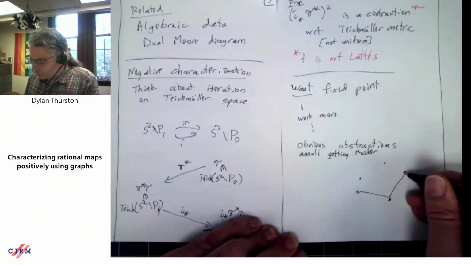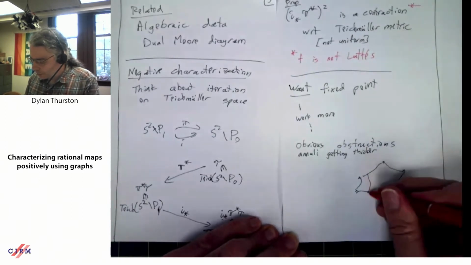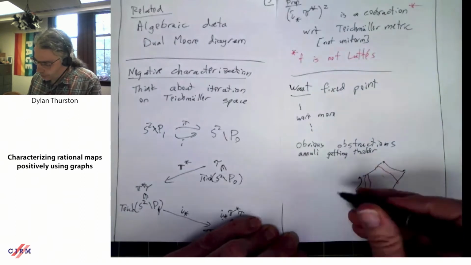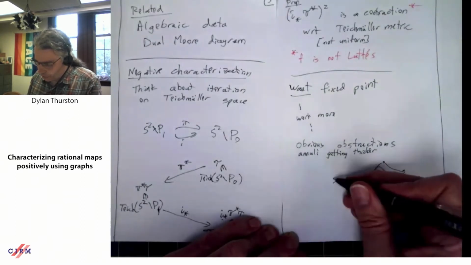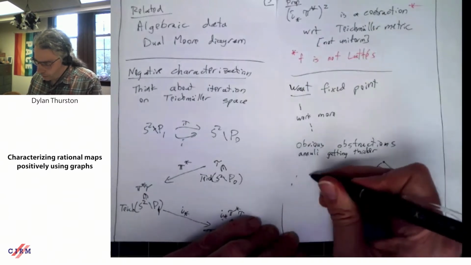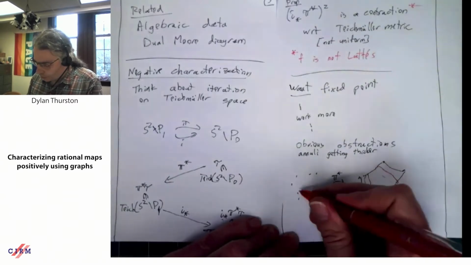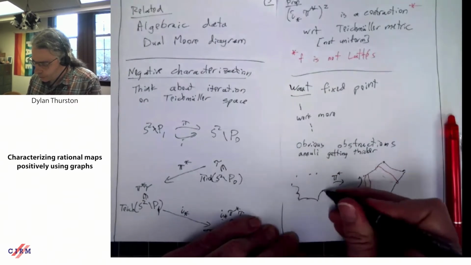So if I have some punctured surface and I have some multi-curve on it, and really this should be a weighted multi-curve, but I don't want to get into it too much, then you have the inverse image of that, and you have something with more punctures, and you'll have multiple components over here.